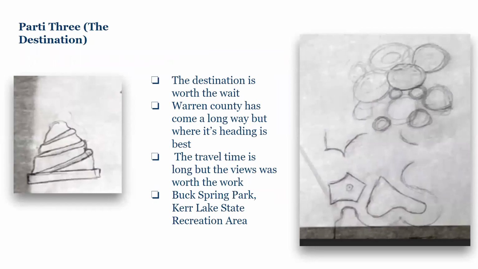My third part diagram is called The Destination. It came from the idea of Warrenton's trails, and the idea is that good things take time to reach. When you're walking these trails, it's going to take time to see these beautiful sights, but once you get there, you're happy that you were able to see it.